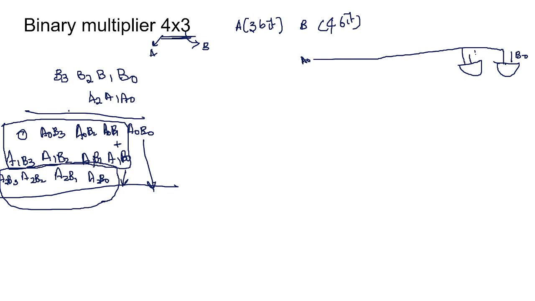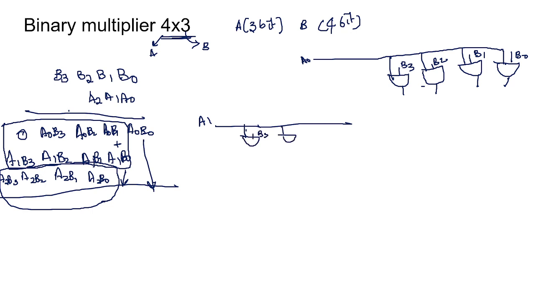So A0B1, A0B2, A0B3, and then again another 4 bit AND terms with A1: A1B3, A1B2, A1B1, and A1B0. So these 4 and these 4 we have to apply through one RCA network.